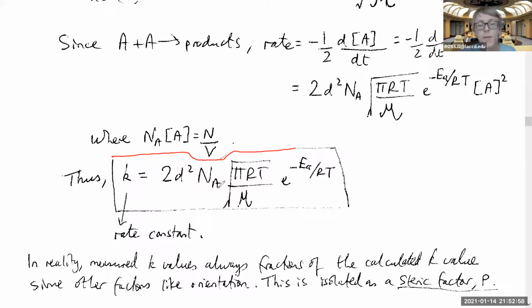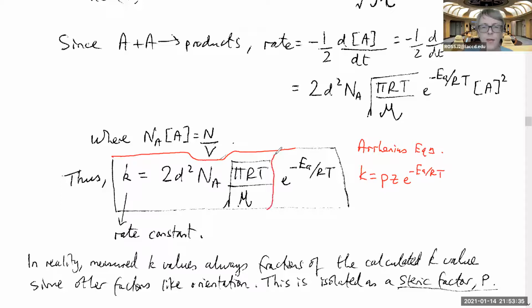2d squared, Avogadro's number, pi RT over the molar mass m, times the exponential decay e to the minus E_A over RT. So if you recall, we've got the Arrhenius equation, which was P Z e to the minus E_A over RT.